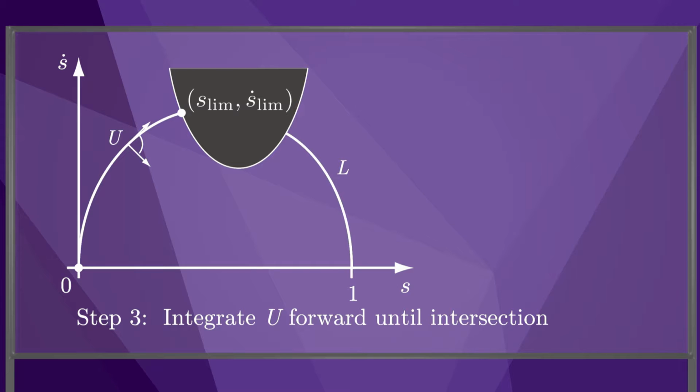In the figure, we intersect the velocity limit curve at s-lim dot. We know we have to slow down at some point before this intersection to keep from running into the velocity limit curve.